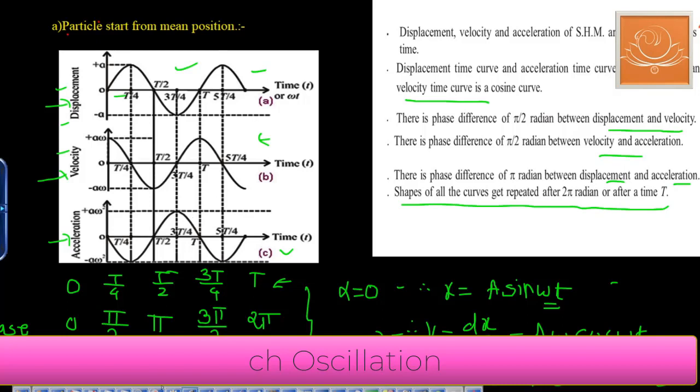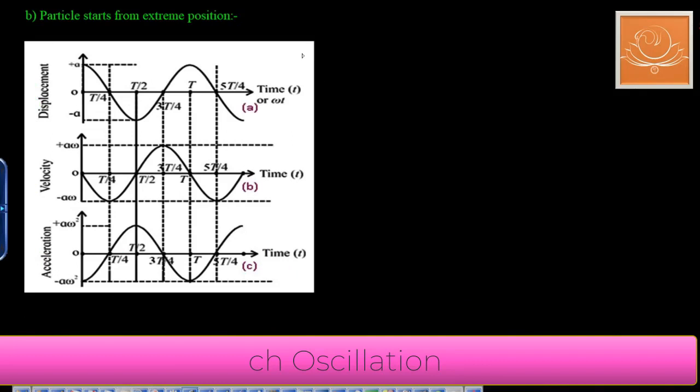And last, for a particle starting from extreme position, we have to use the same method, but the equations are somewhat different. We have to modify the equations, because for extreme position the equation for displacement is x equal to a into cos of omega t.